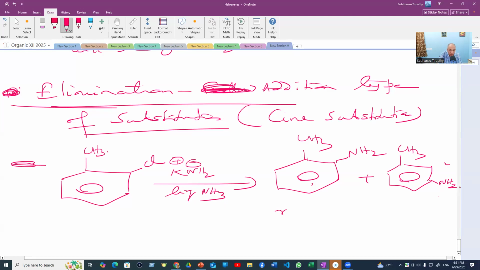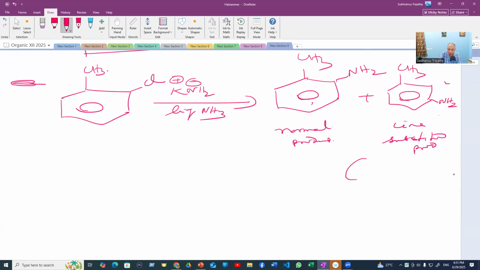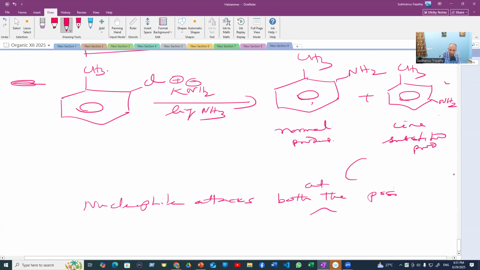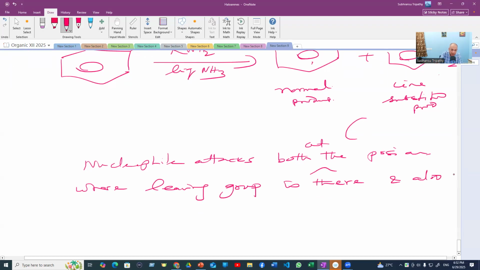So you get a mixture of normal product and this is the cine substituted product, in which the nucleophile attacks both at the position where the leaving group is there and also the position one place displaced, also the adjacent position.